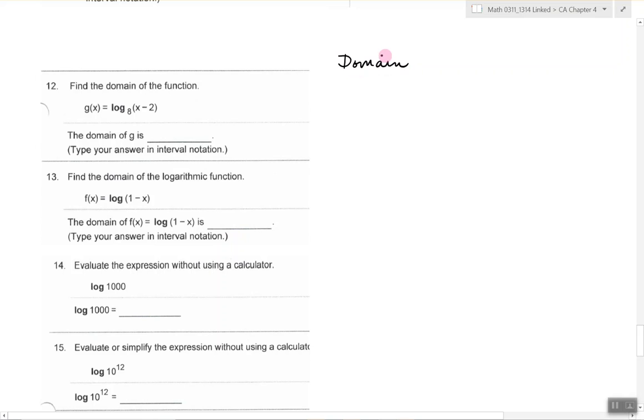From the start of this lesson, when I had the yellow box, it said that if you have f of x is equal to a log base b of x, that the domain has to be from 0 to positive infinity. In other words, in inequality statements, x has to be greater than 0. Whatever the argument is, it has to be greater than 0.